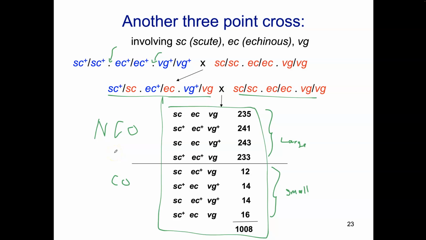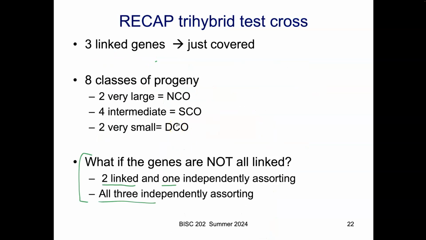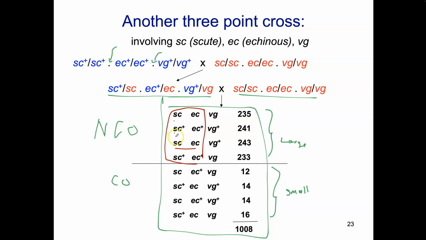But that's not sufficient. I still have to figure out which are the linked genes and which genes are not linked. And so I have to look at the data a little bit more carefully. So I'm looking at the genotypes here: mutant for all 3, wild type for all 3; mutant for scute and echinus, and wild type for scute and echinus. I'm seeing something right here that I would say is a pattern, and that is that this category and this category are the same, and these are the same.